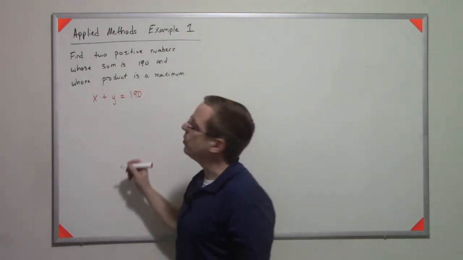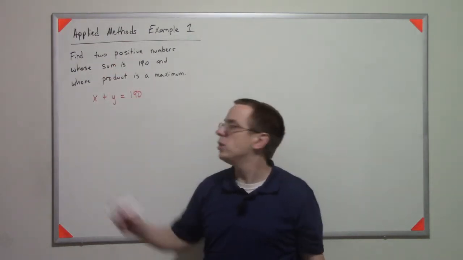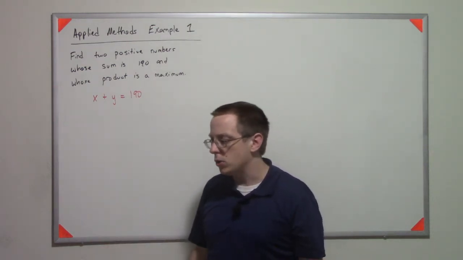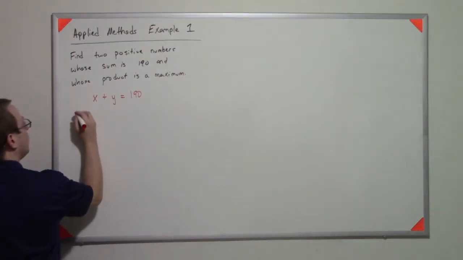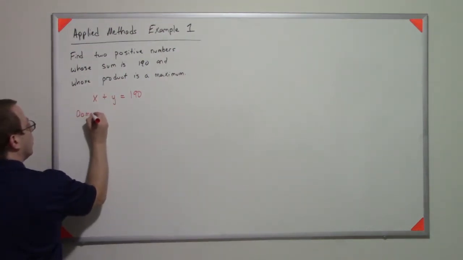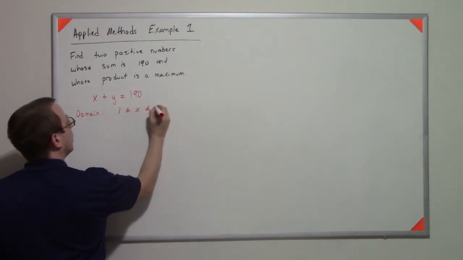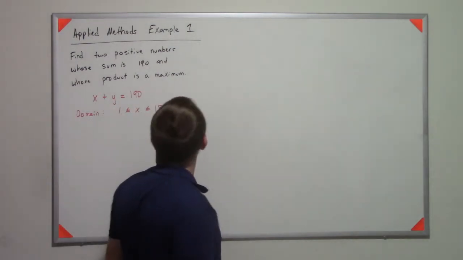The first thing is, they told me that the two positive numbers sum to 190, so I know x plus y has to be 190. I also know that the domain of x has to be 1 to 189.